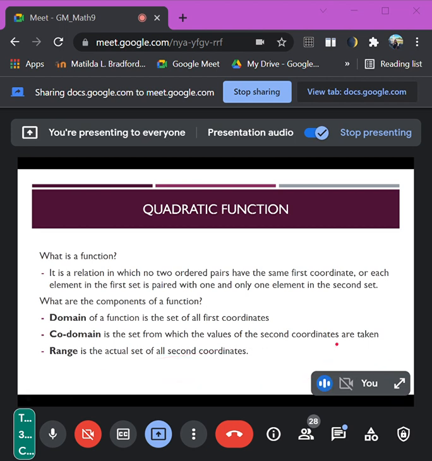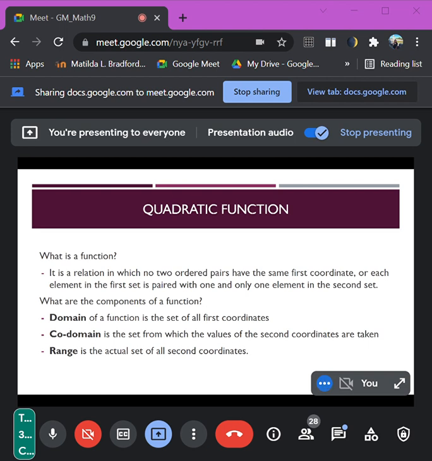So we can identify that one through our representations. So class, can you give any representation of quadratic equation or quadratic inequalities? Like when we solve, what do we use so that we can identify it as a quadratic equation or quadratic inequality?